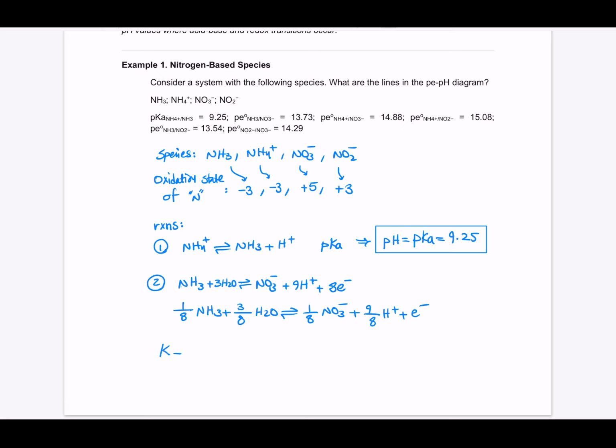So the K for this reaction would be E0 of ammonia and nitrate, to the power of 1/8, H plus, electron and then the reactant. I'm also including water, but as you know, the activity of water is 1.